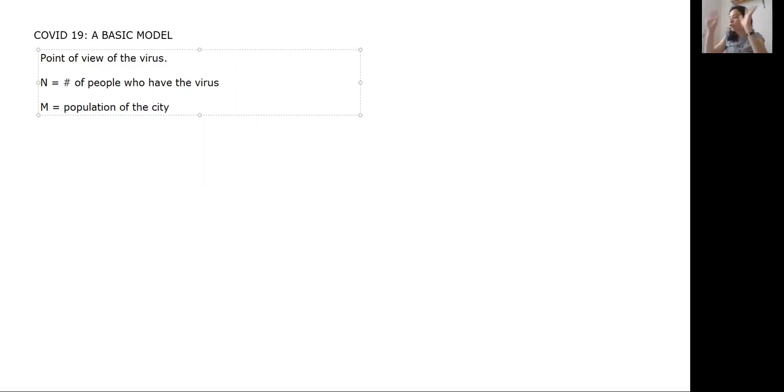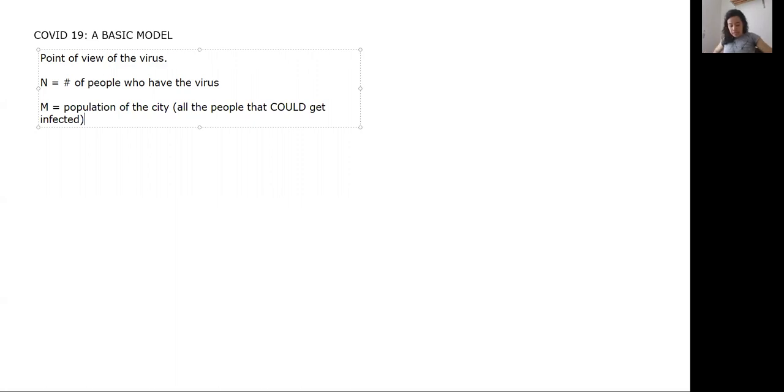We're going to assume that the universe is the city. So that means that this is all the people that could get infected. Okay, so of course you can't have more people than there are in the city that can get infected with COVID-19. So far, so good?